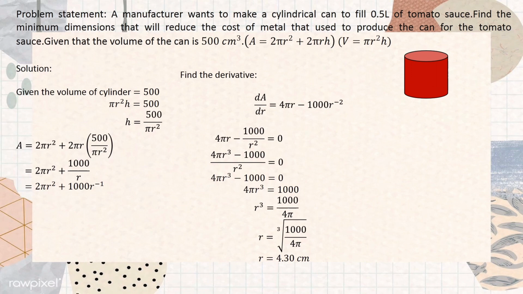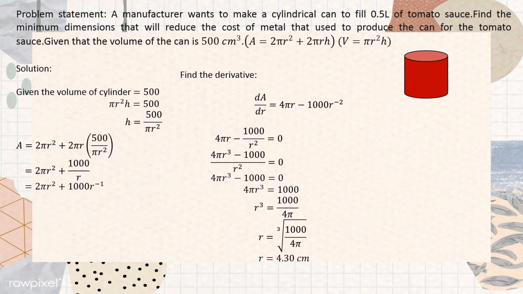From this problem statement, we have to identify first what we need to find, which is the minimum dimensions. Also, we have to identify the information given in order to help us solve the problem. And one more important thing to remember, make sure that we use the right formulas in our solution.